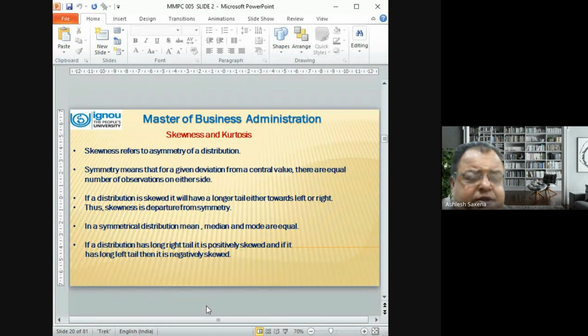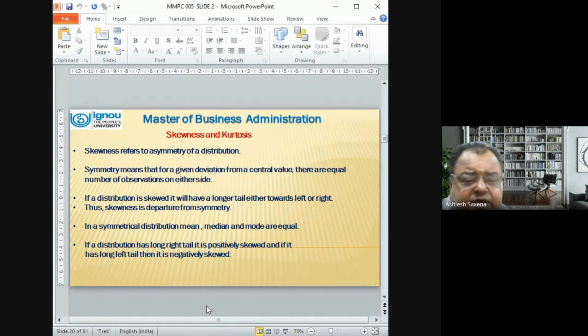Under normal distribution, it is found that mean, mode, and median, all three values are equal. And we are aware there is an empirical relation between mean, mode, and median.